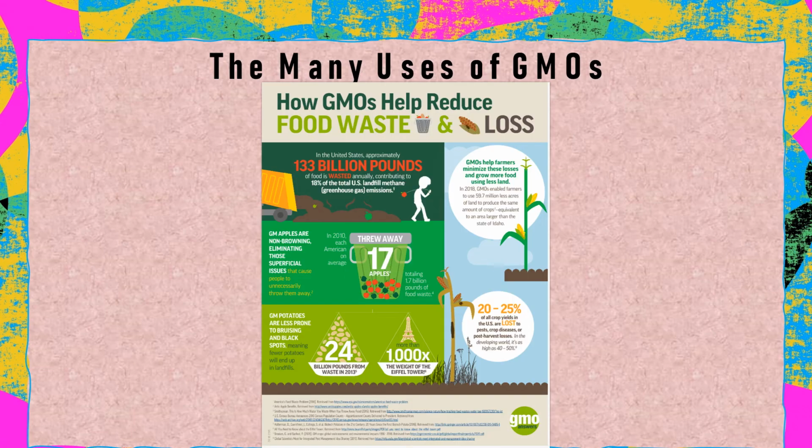And lastly, this infographic shows how GMOs help reduce food waste and loss. In summary of these infographics, GMOs can have remarkable environmental benefits. They allow farmers to produce more food with fewer inputs. They help us spare land, reduce deforestation, and reduce chemical use.